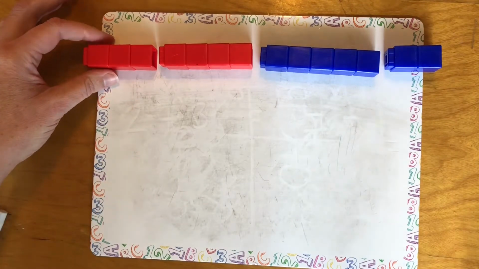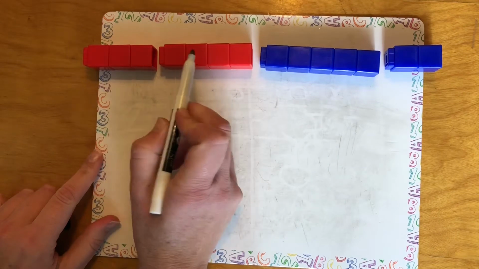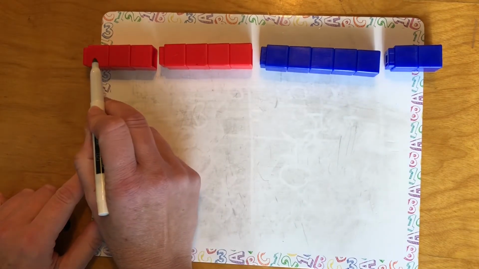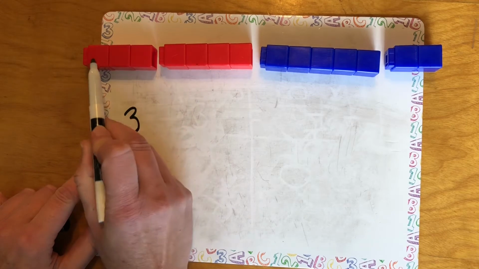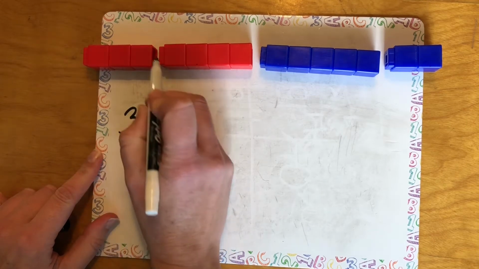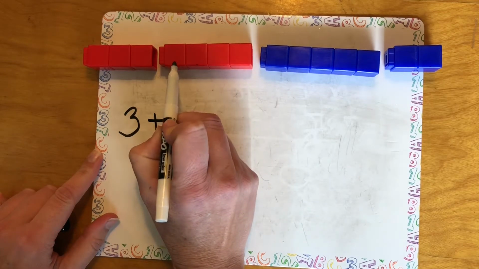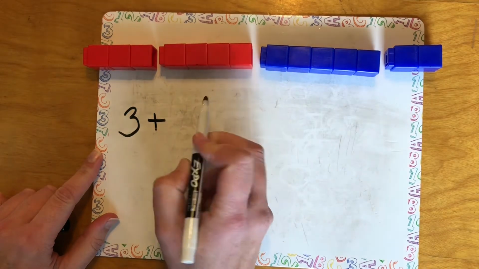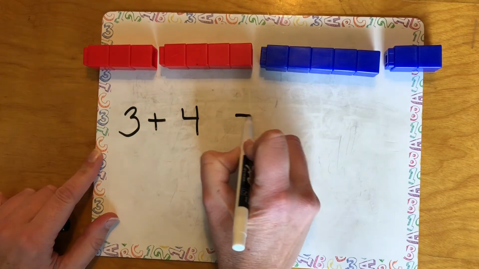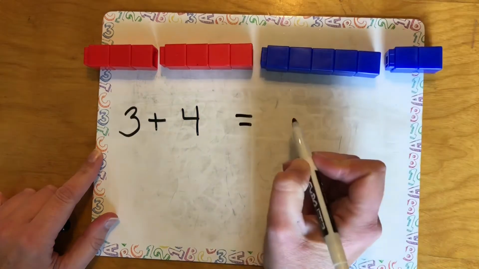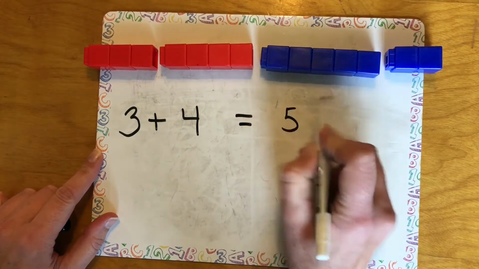So I just broke them apart into the different parts, and let's see what addition sentence we can come up with. How many is here? 3. 1, 2, 3. There's my break. I'm going to say and or plus 1, 2, 3, 4. 4. 3 plus 4 equals how many on this side? 1, 2, 3, 4, 5 for this one.